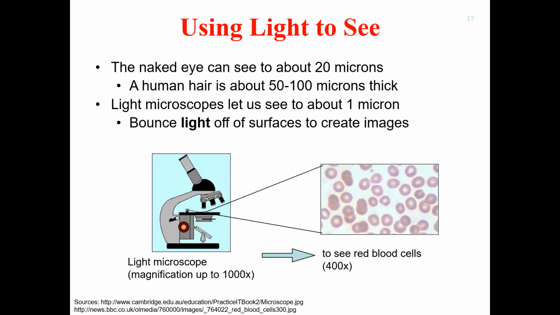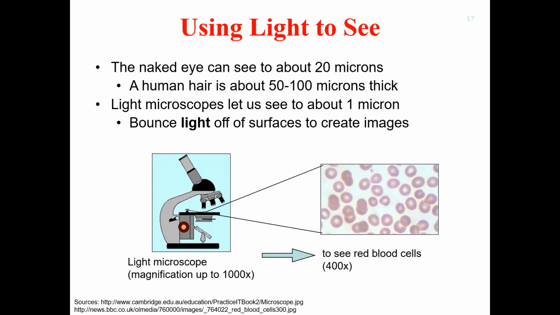You know that light has its own range, its own wavelength, and as I mentioned already, we can see only those objects from which the light is reflected. So what if we have an object whose size is smaller than the wavelength of the light?